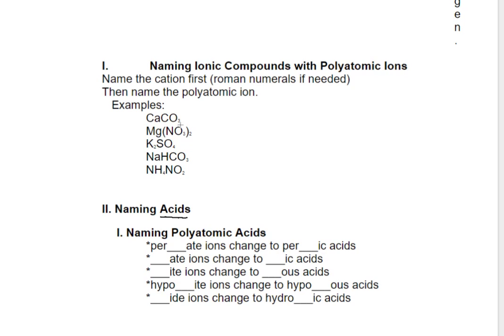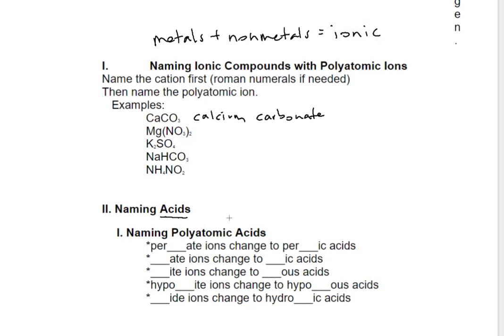So for calcium, CaCO3, that is calcium carbonate, because I recognize the CO3 with my metal, so metal plus nonmetal makes ionic. Remember, that's really important. Metals plus nonmetals equal ionic.